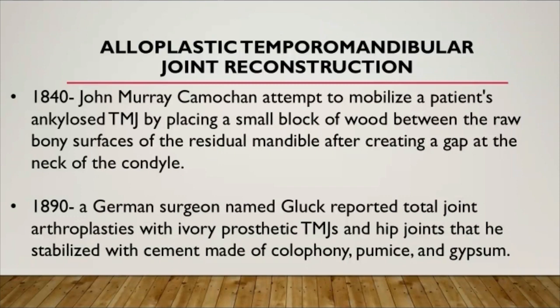In 1940, John Murray attempted to mobilize a patient's ankylosed temporomandibular joint by placing a small block of wood between the raw bony surface of the residual mandible after creating a gap at the neck of the condyle. And in 1990, a German surgeon named Glück reported a total joint arthroplasty with prosthetic temporomandibular and hip joints that he realized with replacement of ivory and pubis gypsum.